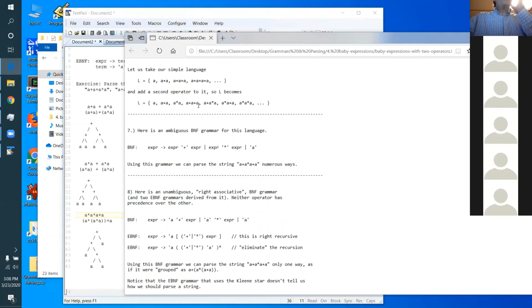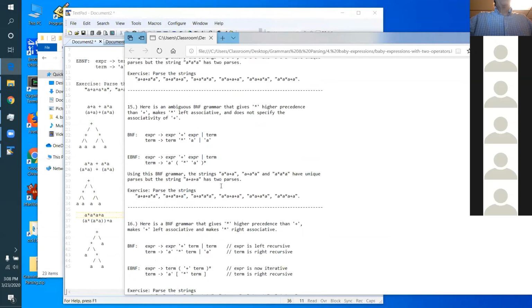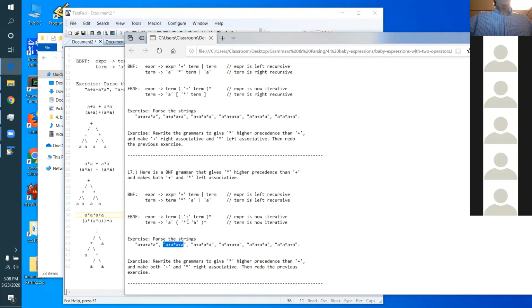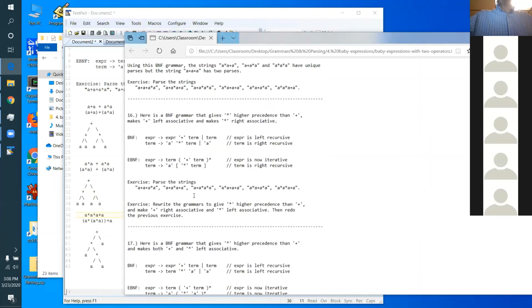Now this language had two operators. We've got the operators so that we could give one of them higher precedence than the other. We can kind of mix the associativity. Once the operators have different precedence, we can give them different associativity. So that's one of the important things we saw.